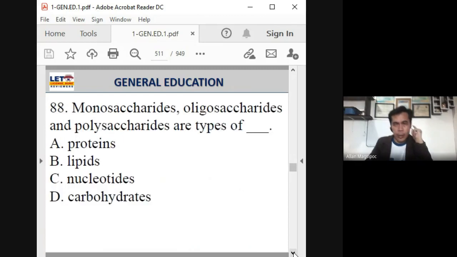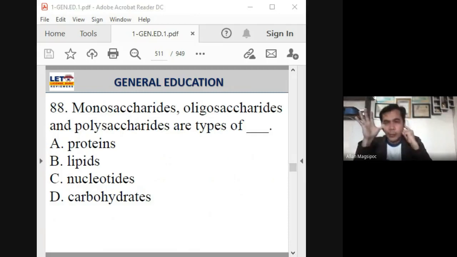We're down to the last question for today. Paano na question na ito? Monosaccharides, oligosaccharides, and polysaccharides are types of what? Proteins, lipids, nucleotides, or carbohydrates. Okay, thank you for responses.